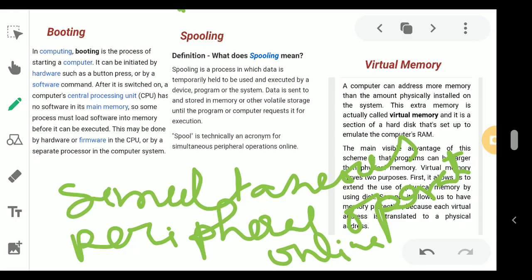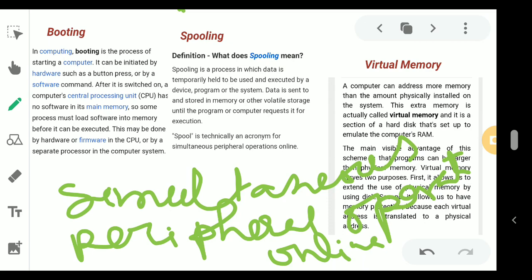Okay, so now the next term is virtual memory. To run a program, it has to be loaded into the main memory. However, this can be done only when sufficient main memory is free to load the entire process. So the process may be kept waiting before starting execution till sufficient memory is free.